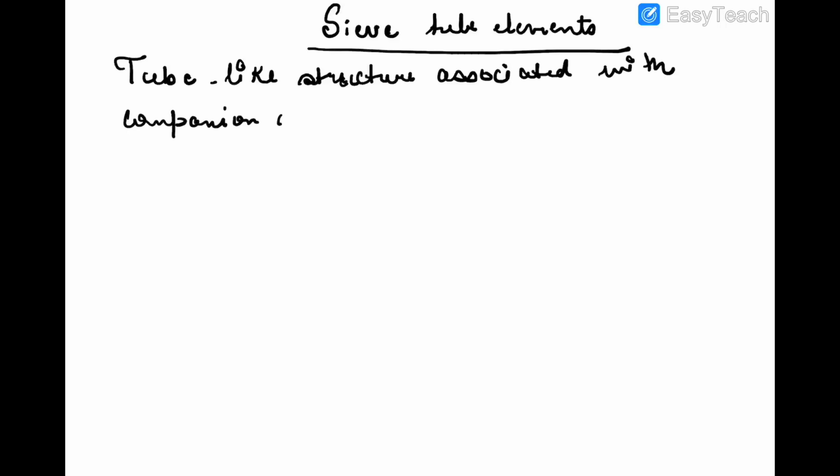Now, why are sieve tube elements associated with companion cells? Because sieve tube elements lack a nucleus. They do not have a nucleus. So all the function of sieve tube is controlled by the nucleus of companion cells.